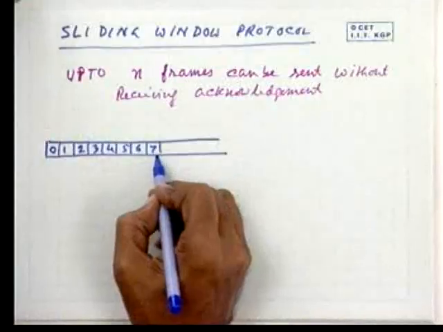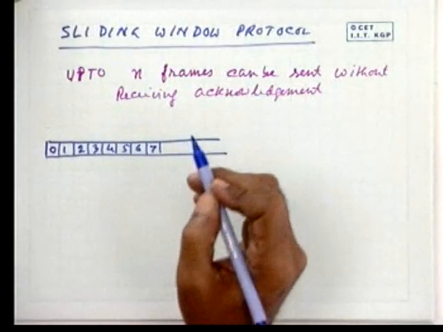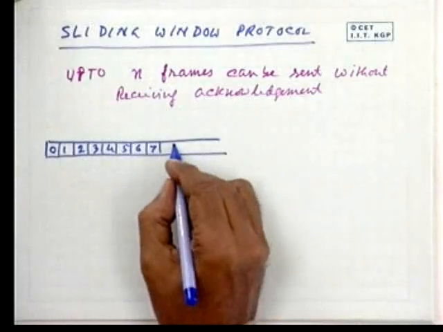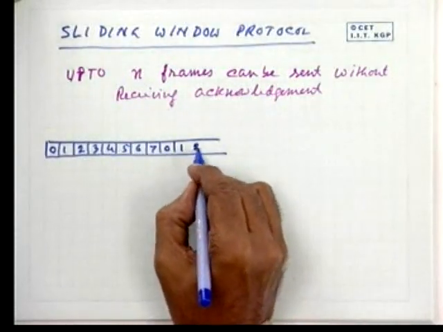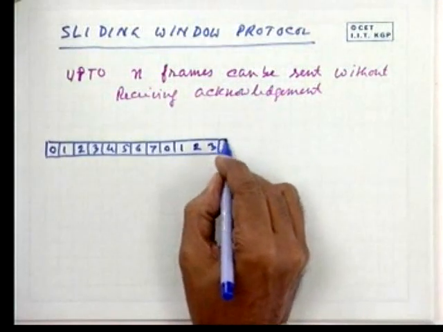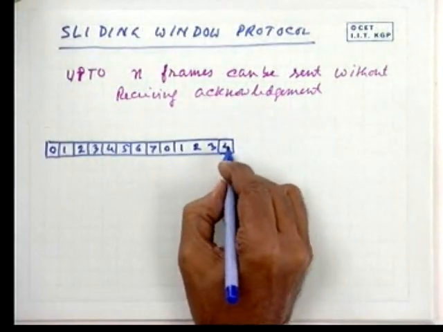We shall discuss on what basis the sequence number is decided. But for the time being, let's assume that 3 bits are used to represent the frame number, and after 7 you will again repeat 0, 1, 2, 3 and 4 and so on.